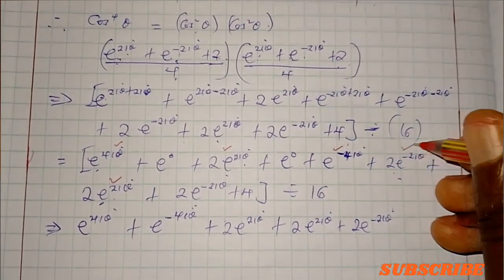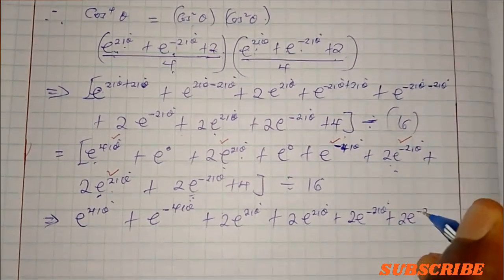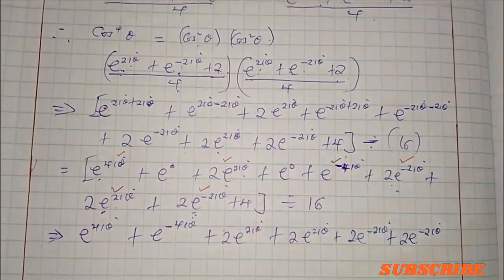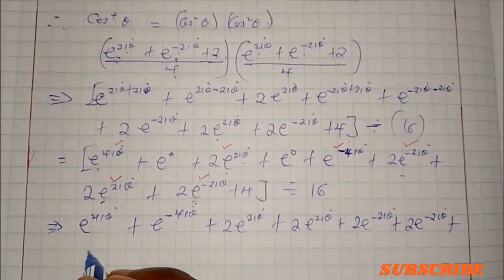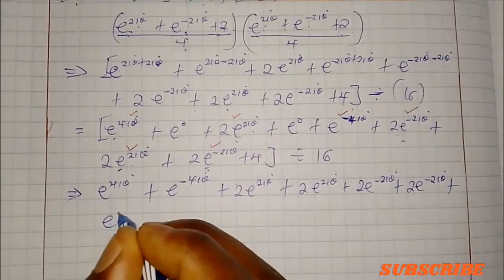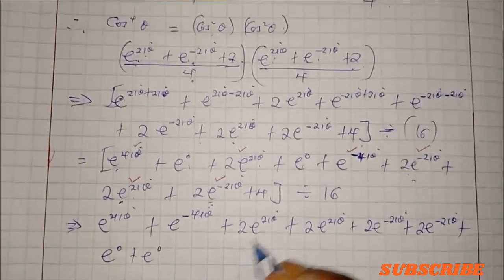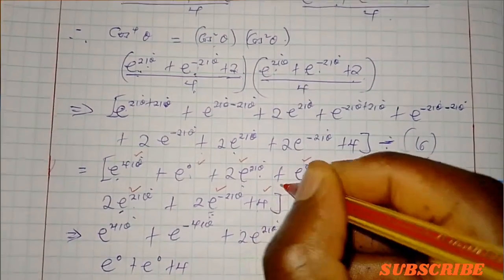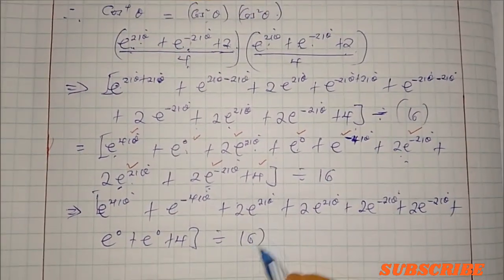So we add this one again. Then after that we add e raised to power 0, plus e raised to power 0, now plus 4, the whole of this we divide by 16.